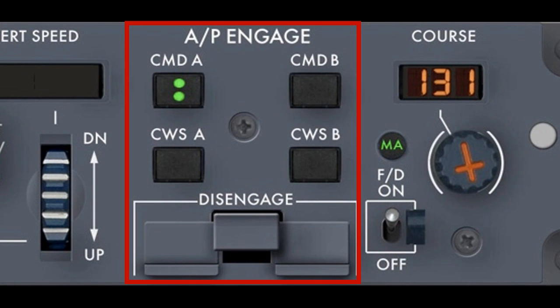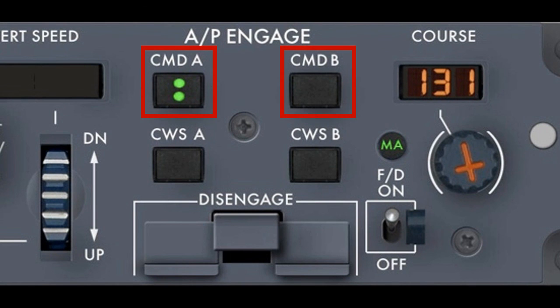Usually, only one autopilot is engaged at any one time, unless the aircraft is doing a full auto-land approach. In that scenario, both will be engaged. To engage an autopilot, either the Command A or Command B button is pressed. This will engage the associated autopilot. To swap autopilots, just press the other button.